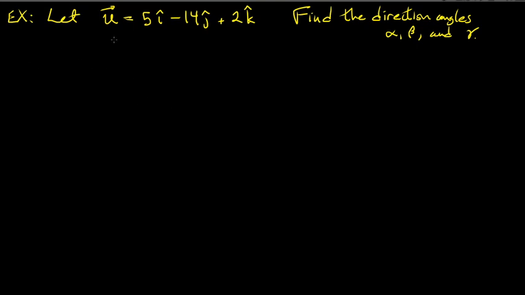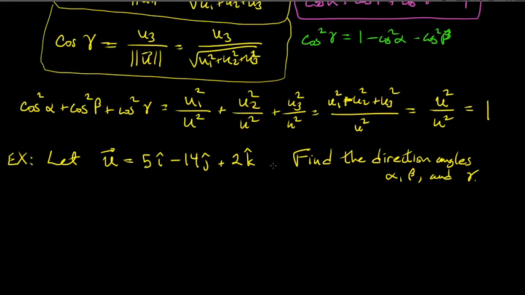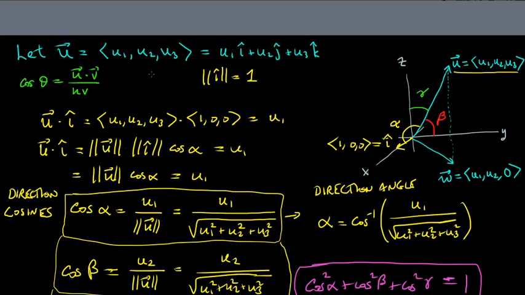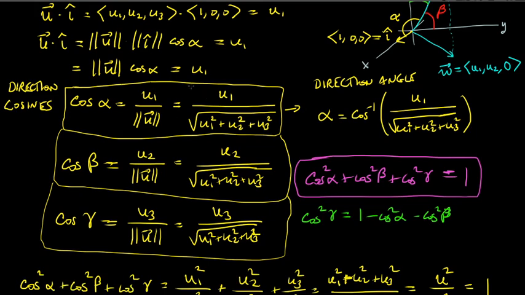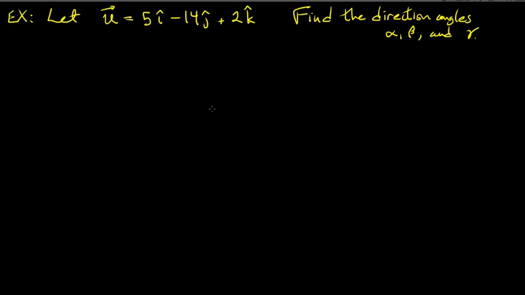Okay, so what do we need? Right, so we need the components, and then we need the magnitude. So we have the components, we just need to find the magnitude of u.